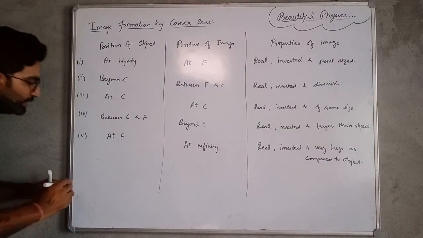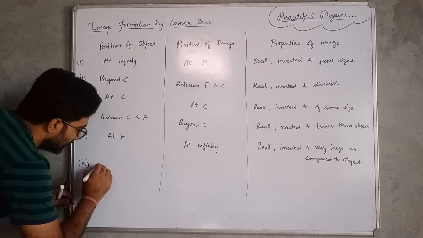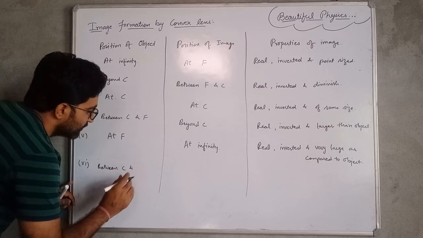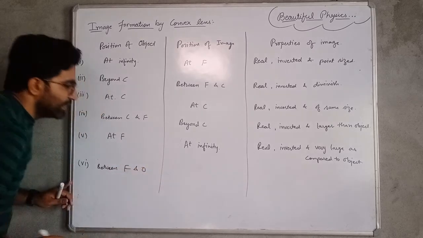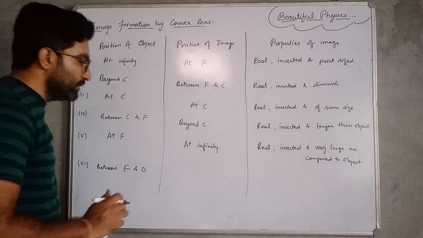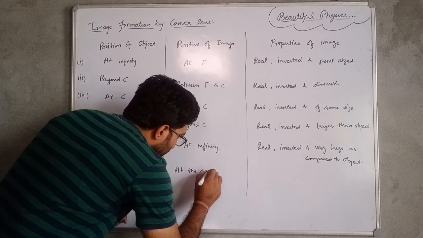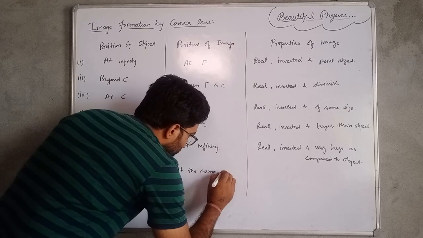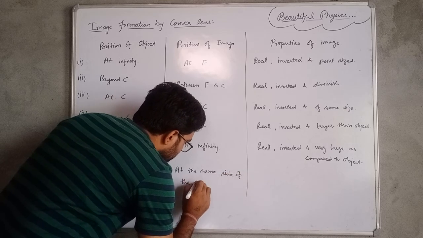And the last one is when the object lies between the focus and optical center. Image is formed at the same side of the object.